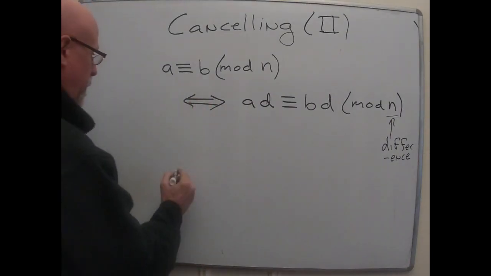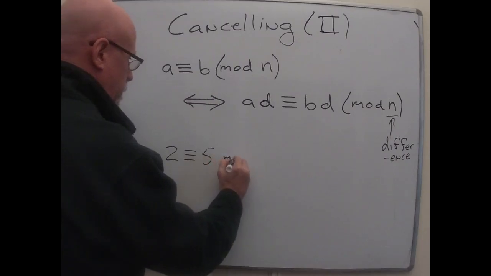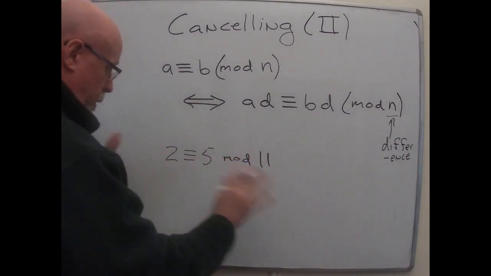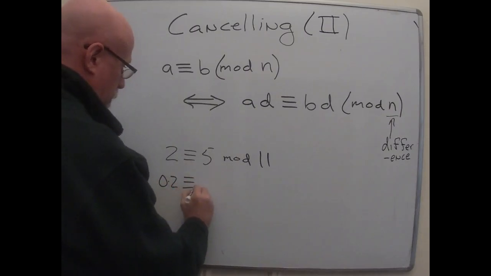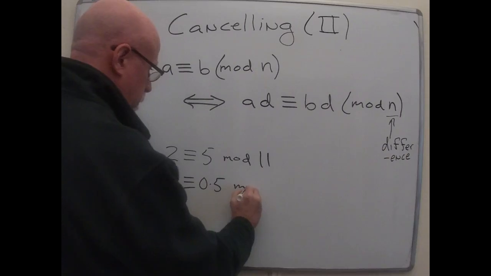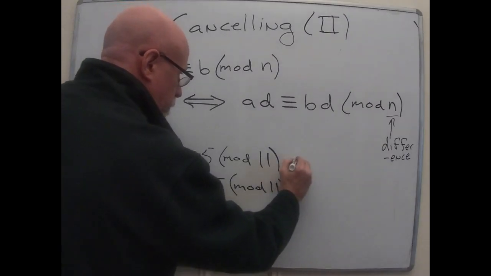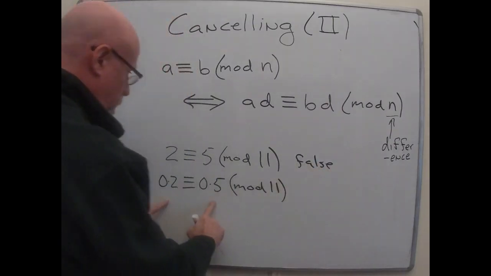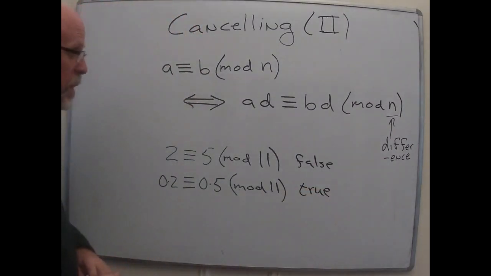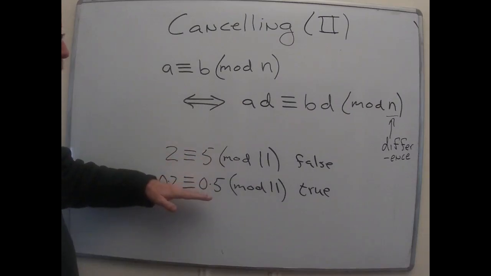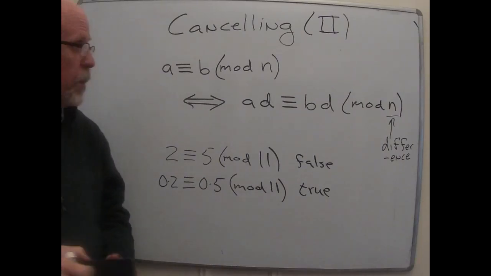For instance, if I had 2 is congruent to 5 mod 11, which is not true, but if I multiplied by 0, I'd have 0 times 2 is congruent to 0 times 5 mod 11. So this one is false, but this one's perfectly fine. 0 is congruent to 0. You don't want an algebraic operation that takes a false thing and creates a true thing. So that's just to convince you that d should not be 0.